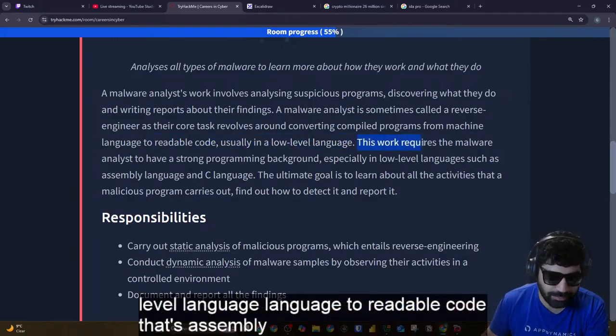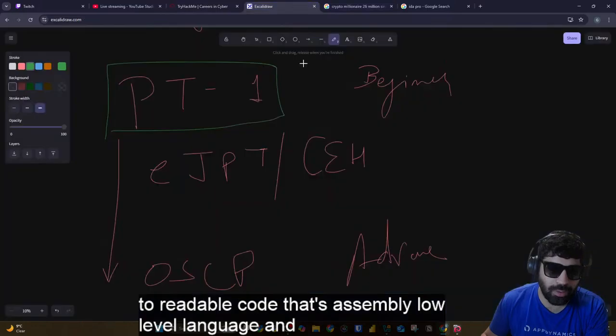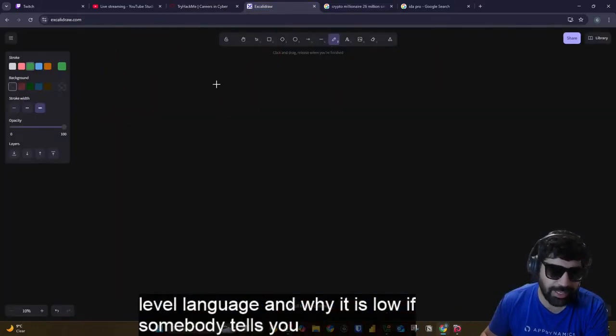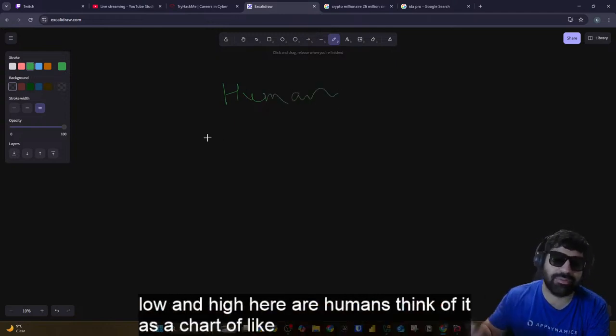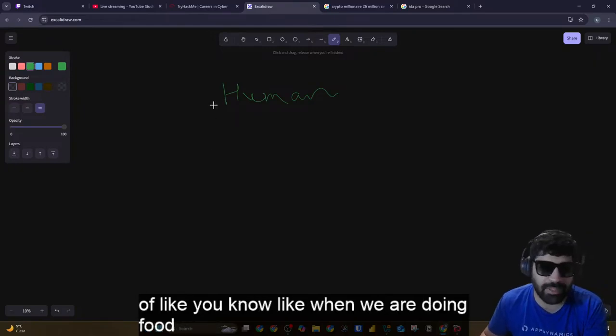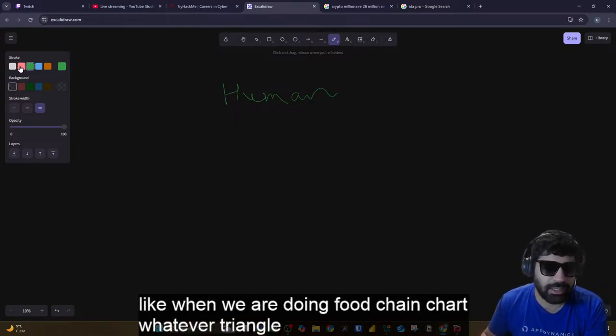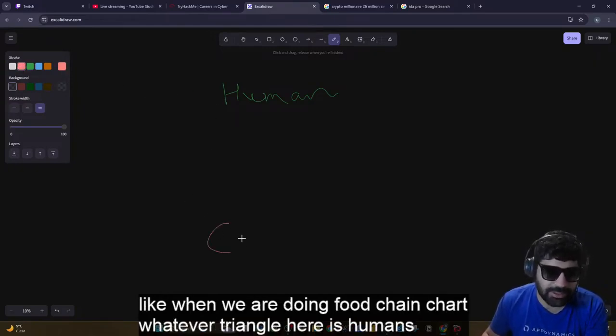Low level language. And why is it low? If somebody tells you low and high, think of it as a chart, like a food chain triangle. Here are humans, there are computers.